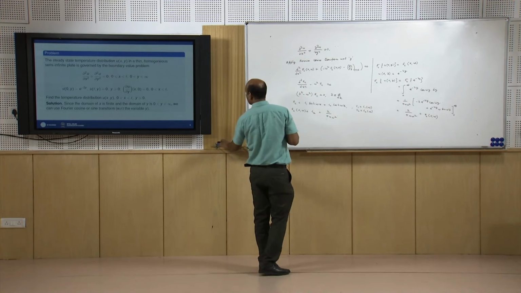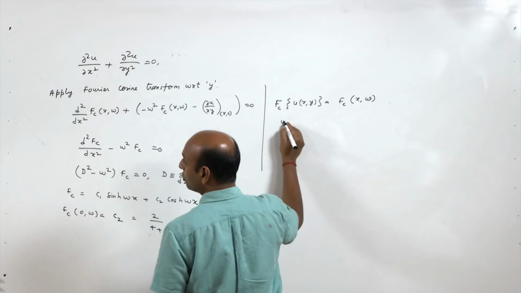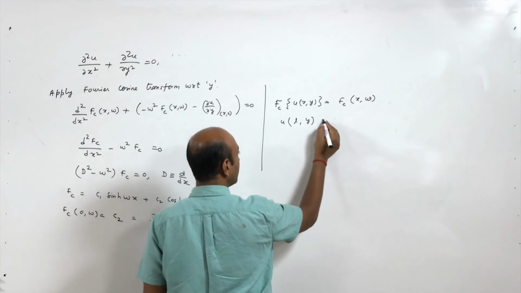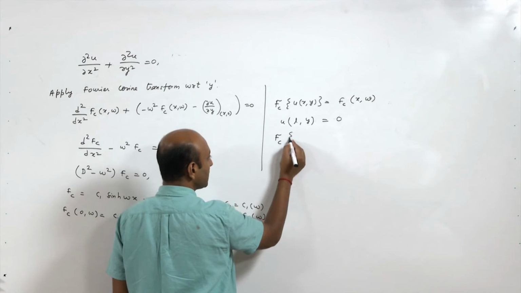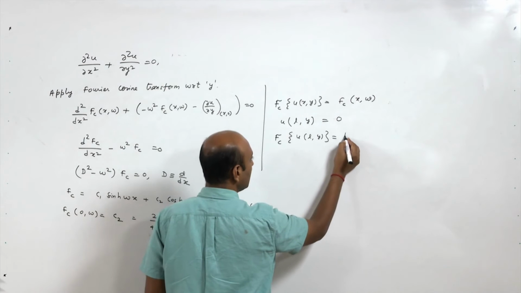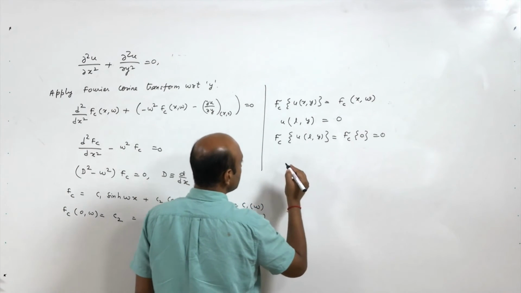Now, for c1 we apply another condition. Another condition is u(L, y) is 0. Again take the Fourier cosine transform on both sides. So, the Fourier cosine transform of u(L, y) will be the Fourier cosine transform of 0, which is 0.